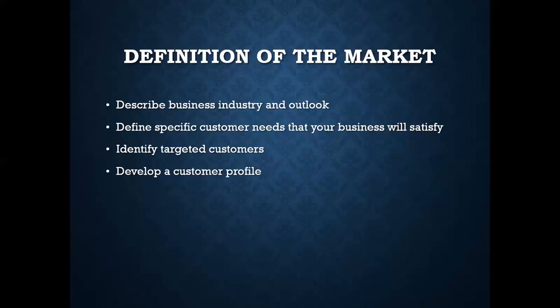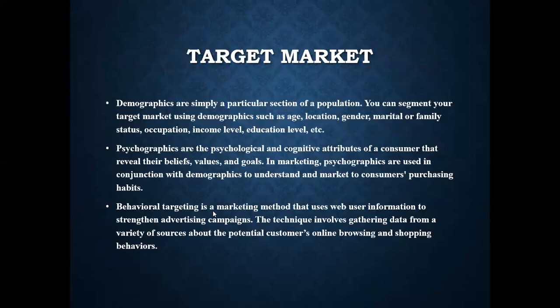People look at outlooks: is the income constantly going up in 2, 3, 5 years? Define the specific customer needs that the business will satisfy, identify the target customers, and develop a business profile.